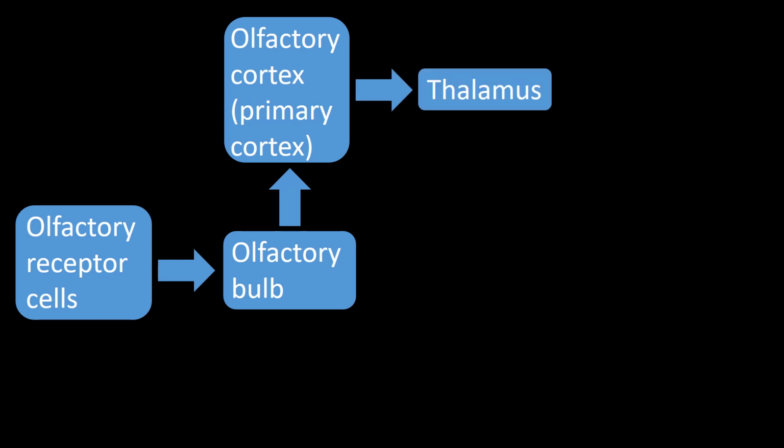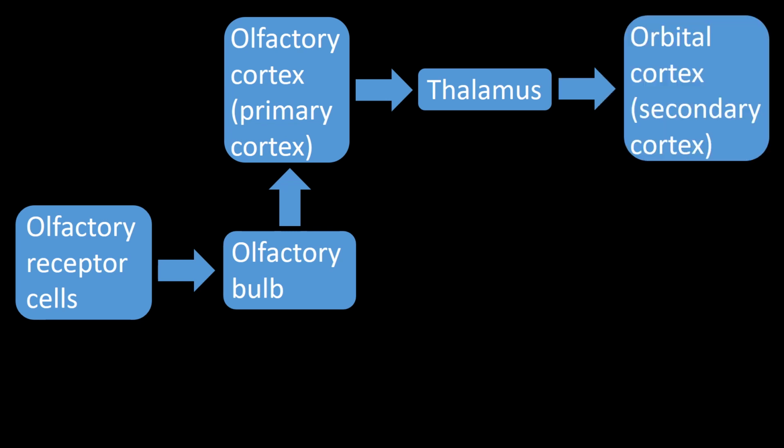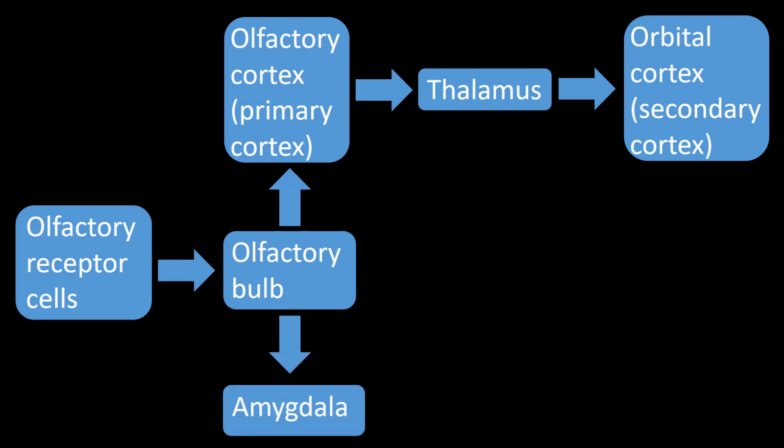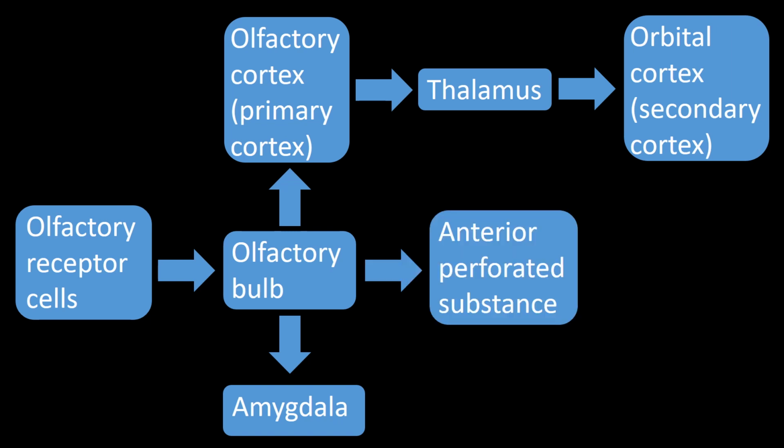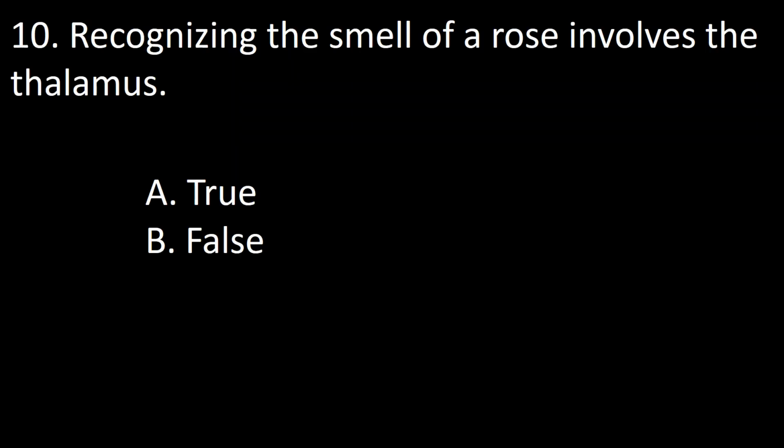Yet smell needs to go to the thalamus in order to reach the secondary olfactory cortex, where smell is recognized. In addition, the olfactory bulb sends fibers to the amygdala and the anterior perforated substance. So the answer to this question is A.